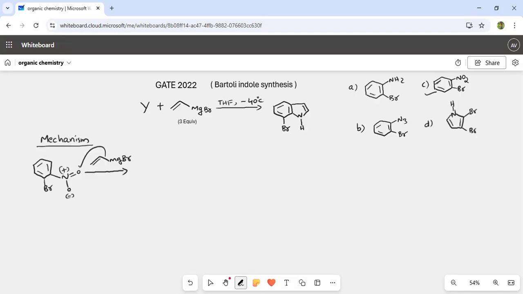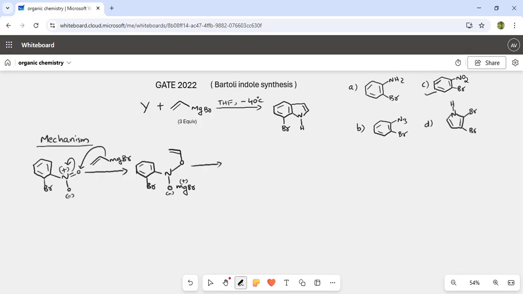The nucleophilic carbon attacks this electrophilic oxygen so that the pi bond shifts towards the nitrogen. The negatively charged oxygen is now bonded to MgBr, which is positively charged, and the oxygen is now bonded to the vinyl group.